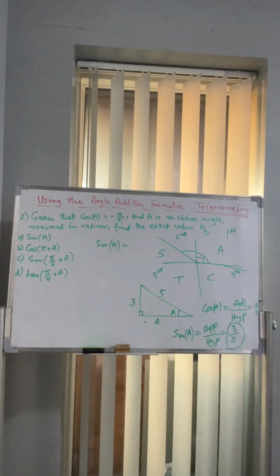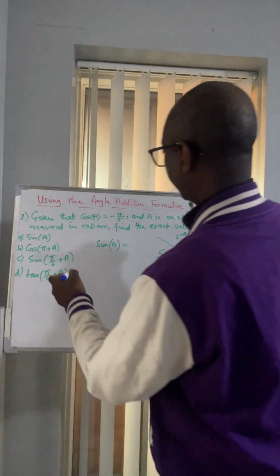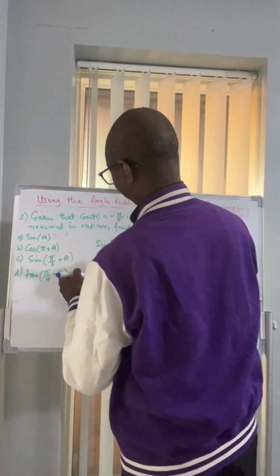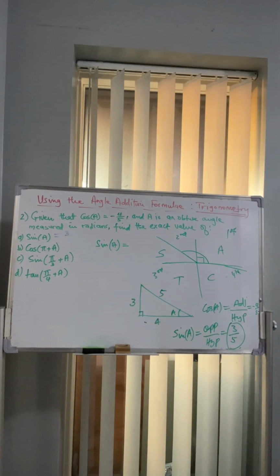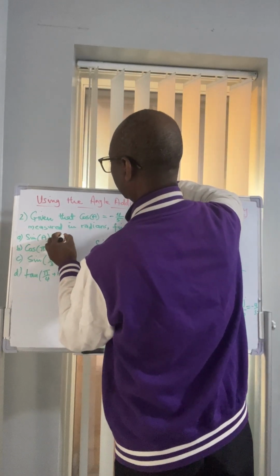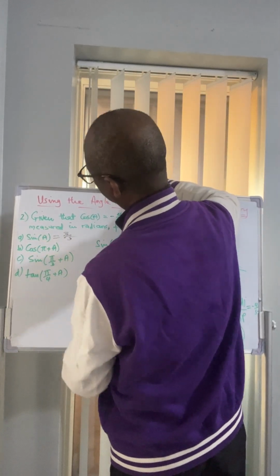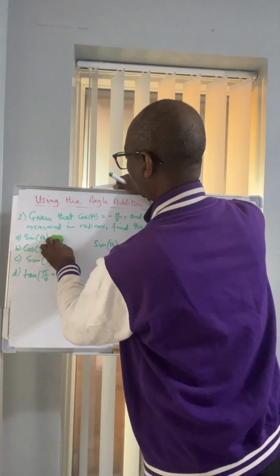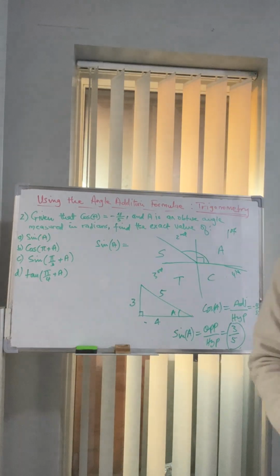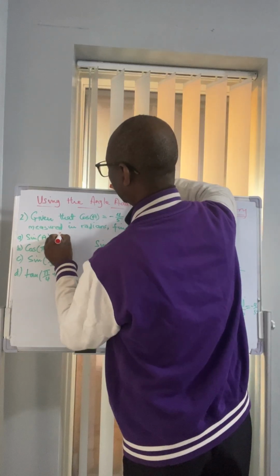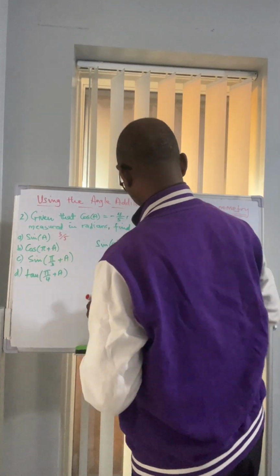So the sine of A is equal to 3 over 5. Let me use the red marker. That might help. 3 over 5. That is the answer.